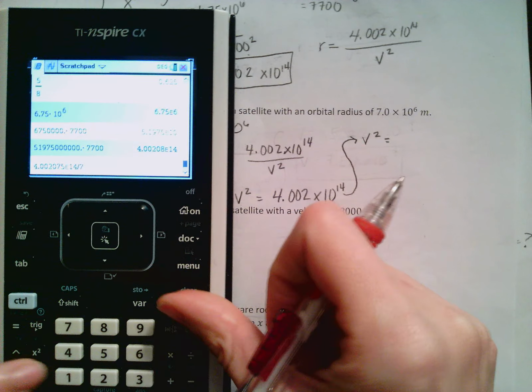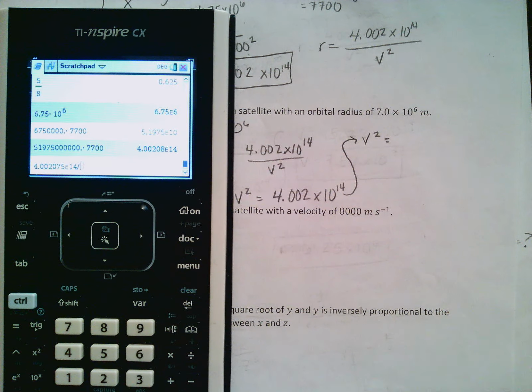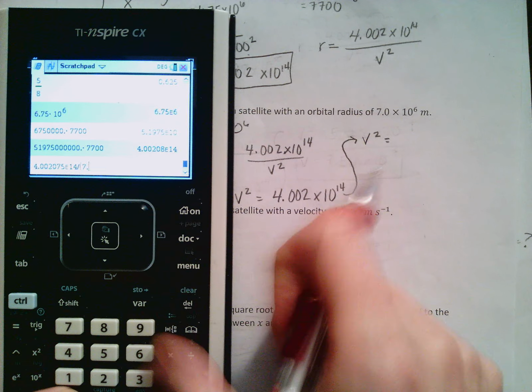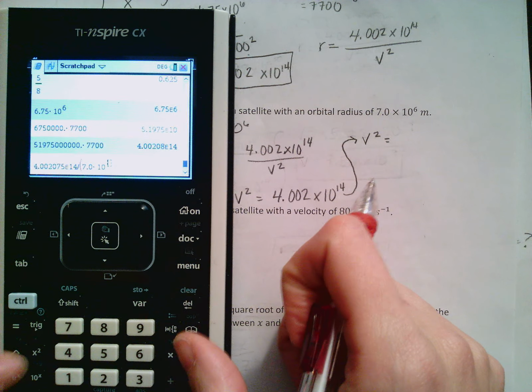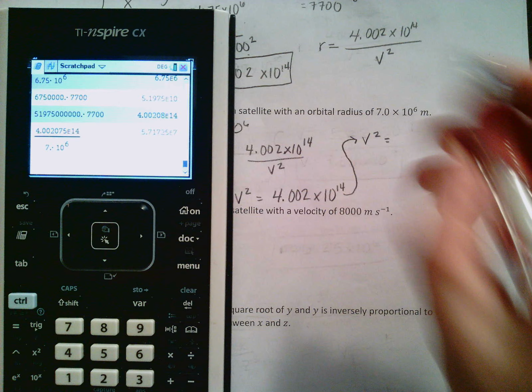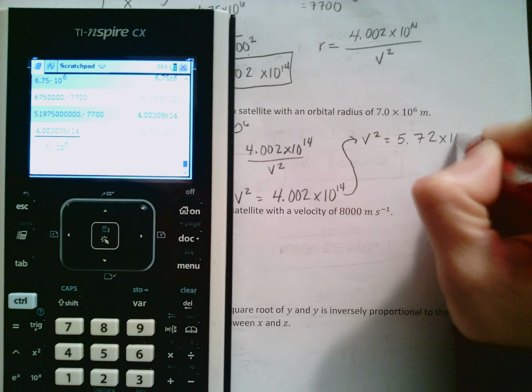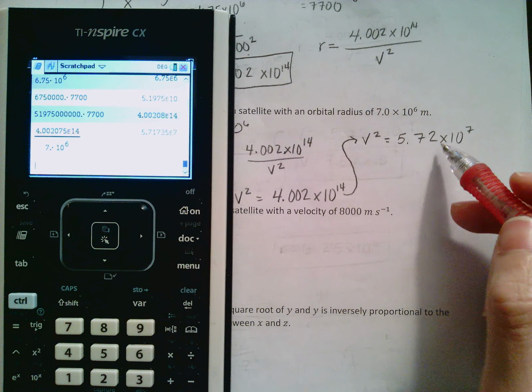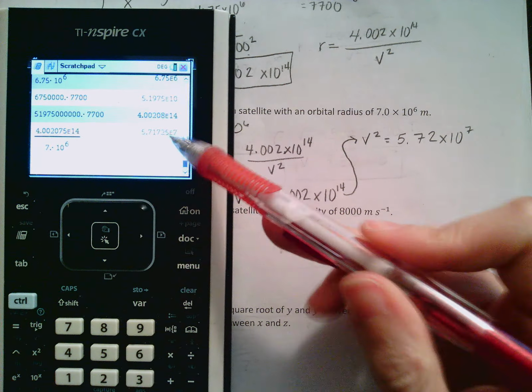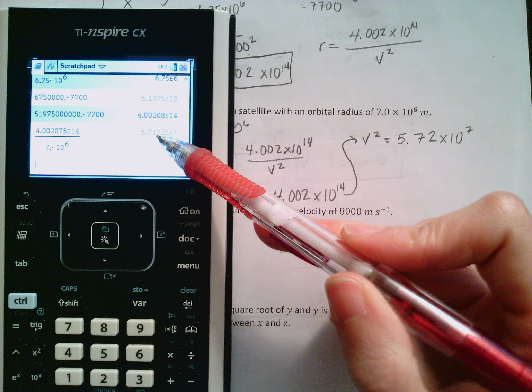I'm going to put that into parentheses because I'm paranoid. And I get 5.72 times 10 to the 7th power. I've rounded here, but I know I'm going to actually be using my exact value here in the calculator.